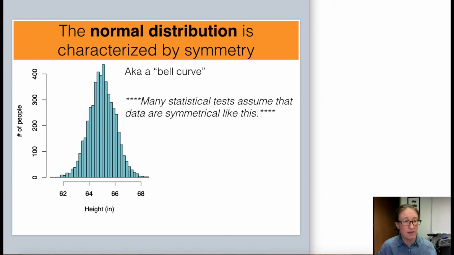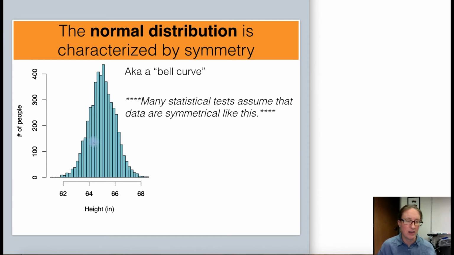This shape is a classic shape for measurements for a wide range of types of traits. That shape that has that type of symmetry is referred to as a normal distribution, and this is also often referred to as a bell curve. Most of the measurements fall somewhere in the middle, and then there are some measurements that are smaller and some that are larger, but an even distribution around that middle point.